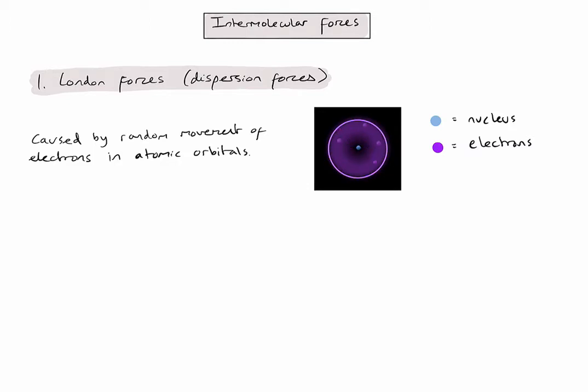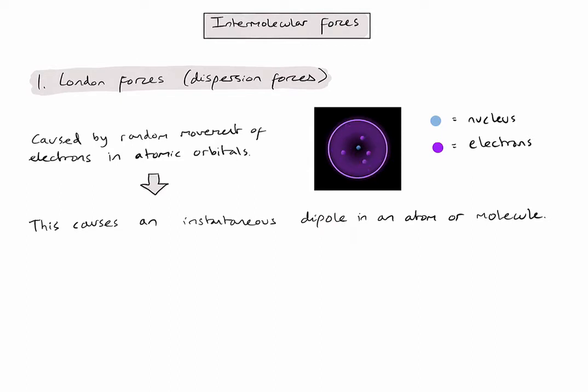Because of this random movement, at any given time I could have more electrons on one side of this atom compared to another. So at that very instant we have a dipole in the atom or molecule. Of course, in this diagram we're looking at just an atom.